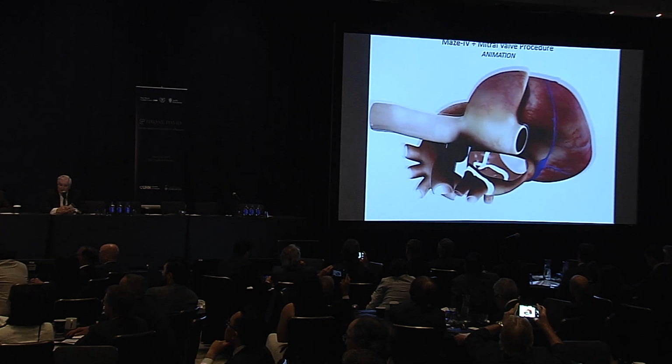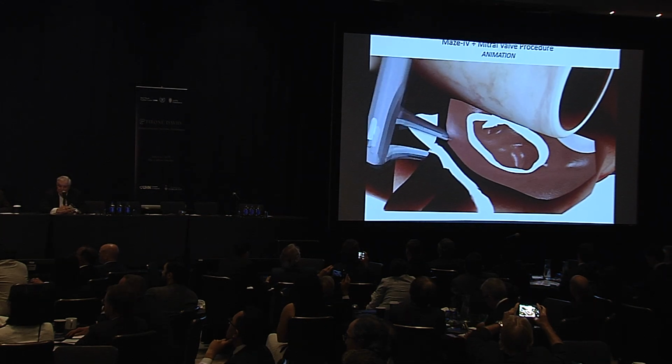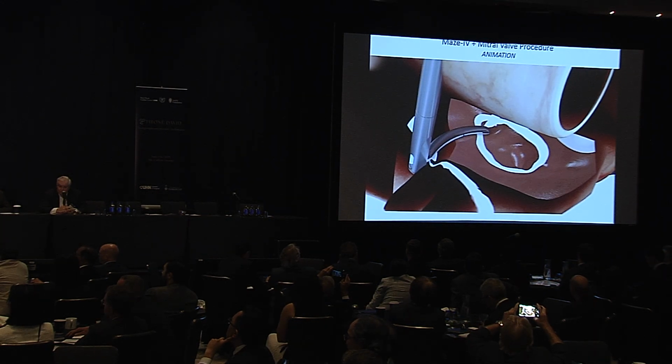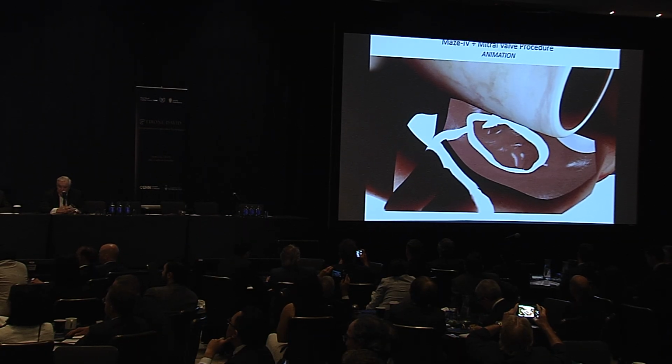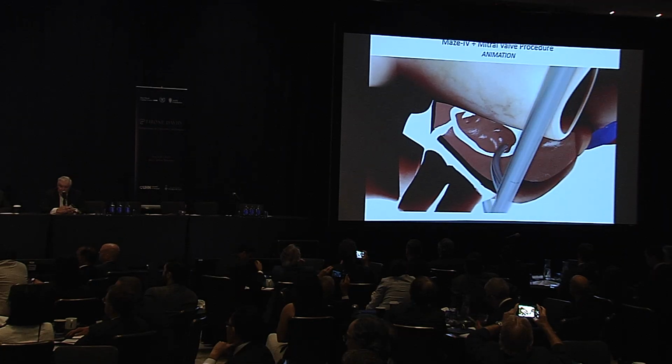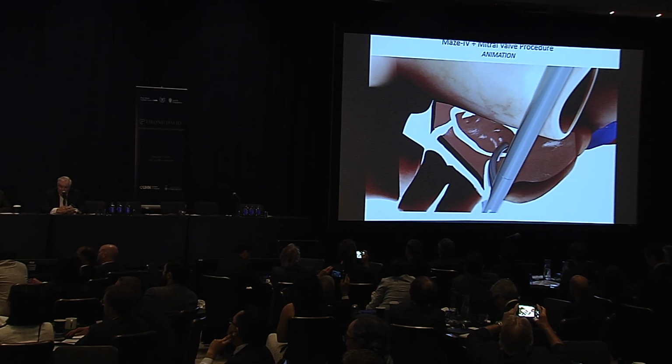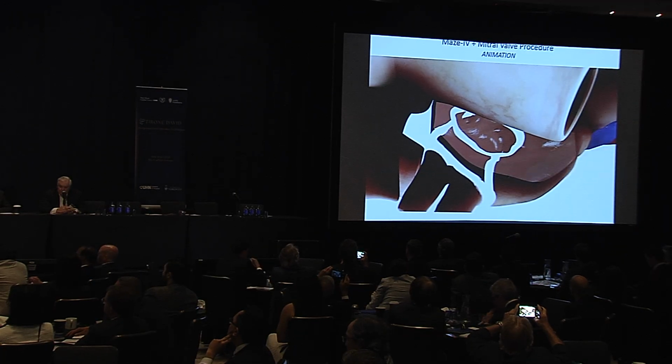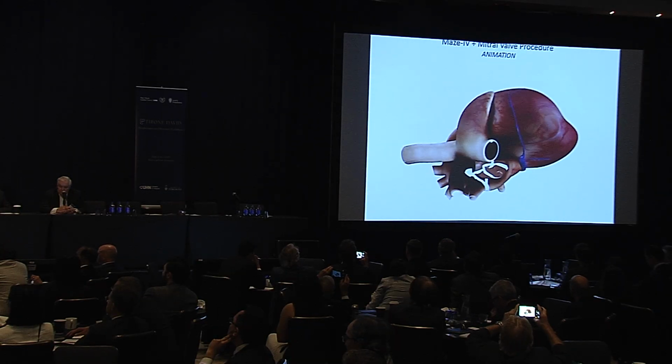So when you open the left atrium, you've got less to do. The first thing you do is put the roof lesion in from the left atriotomy to the left superior pulmonary vein, and then from the lower end of the atriotomy to the left inferior pulmonary vein. That gives you your box lesion.